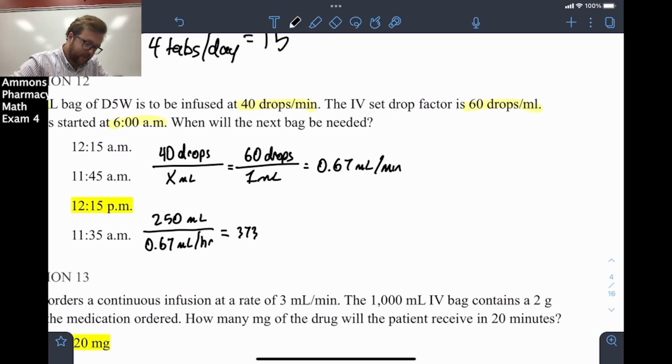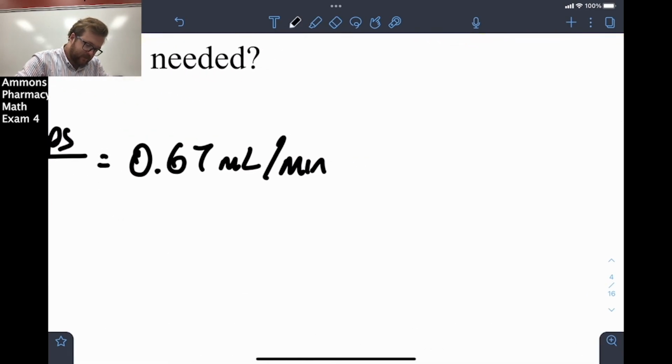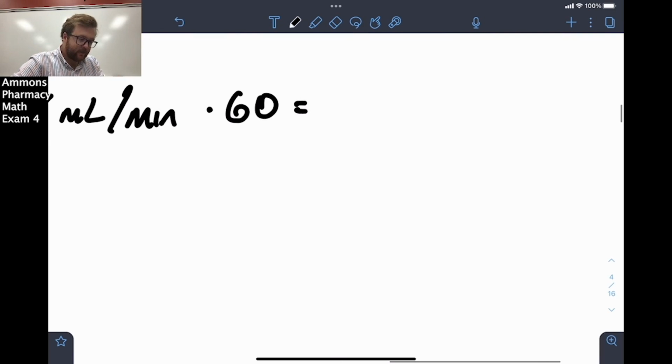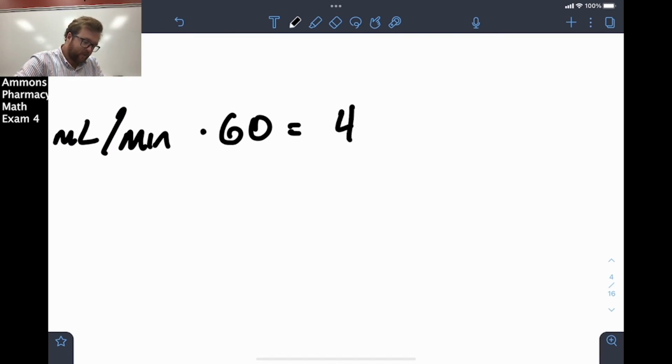Oh, you see what I did? I did not convert that to hours. Once again, times 60. So 0.67 times 60. So what I just did was wrong. This will be 40.2 mils per hour.